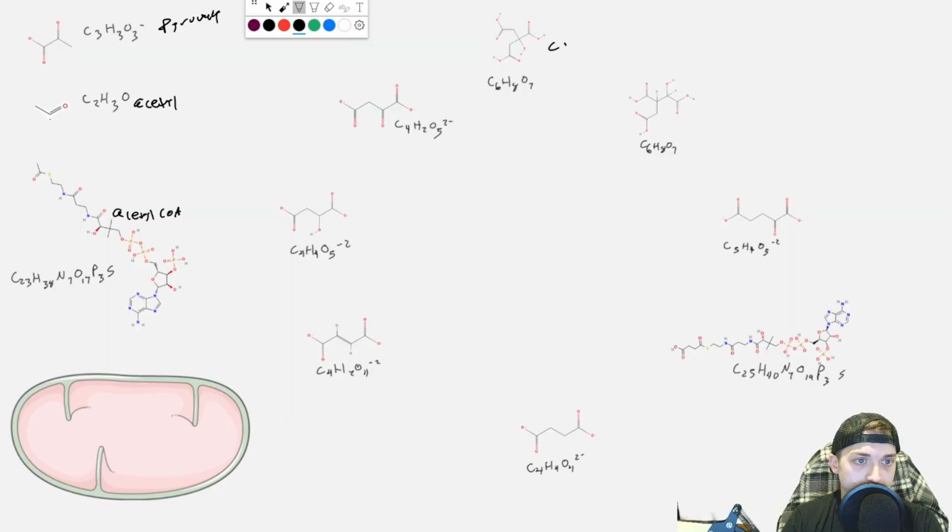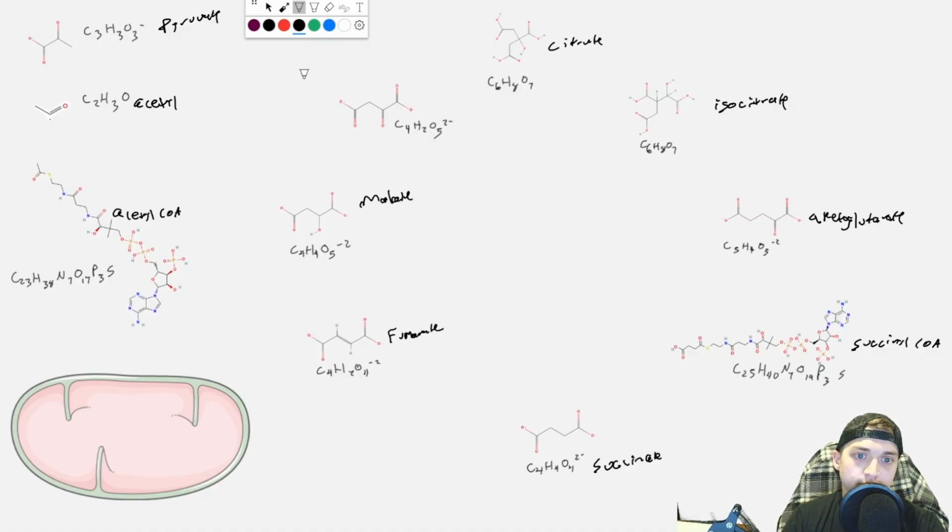So we got citrate, isocitrate, alpha-ketoglutarate, succinyl-CoA, succinate, fumarate, malate, and we got our oxaloacetate.